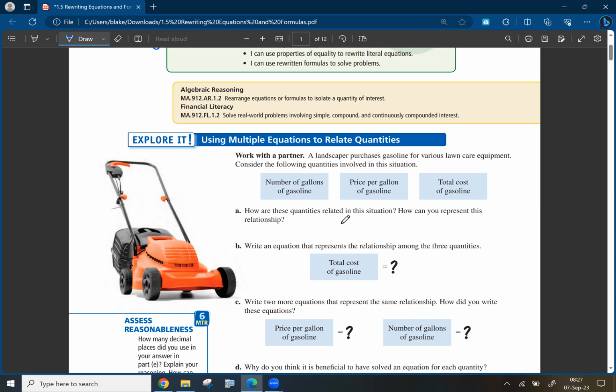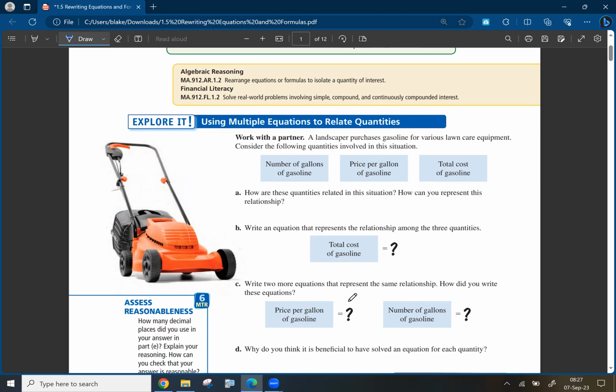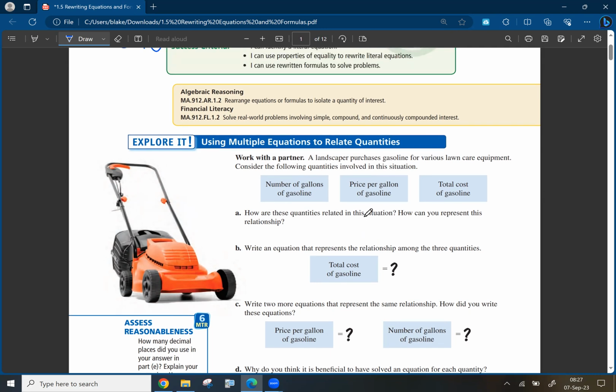I don't know how to answer this necessarily because I know that B and C sort of take this as well. I don't know how to really answer A without also answering B at the same time. But basically, we understand that our total cost is essentially going to be the number of gallons times the price per gallon.